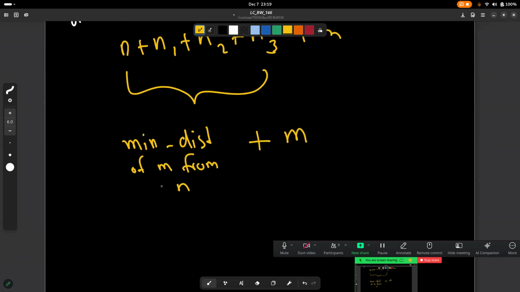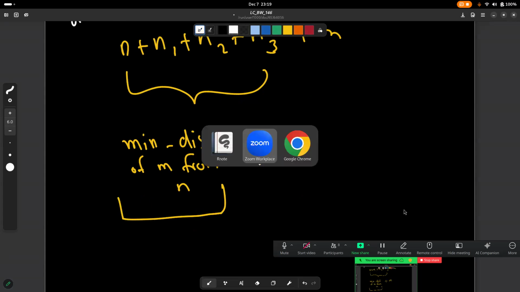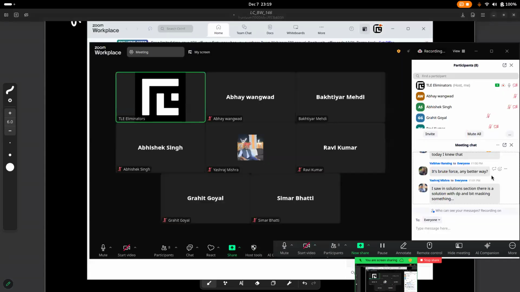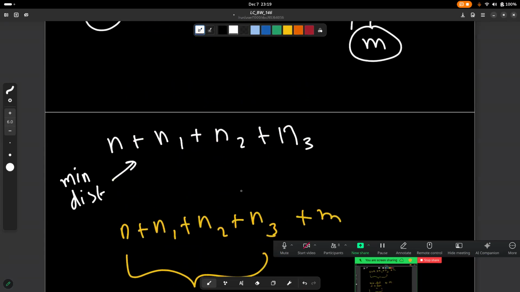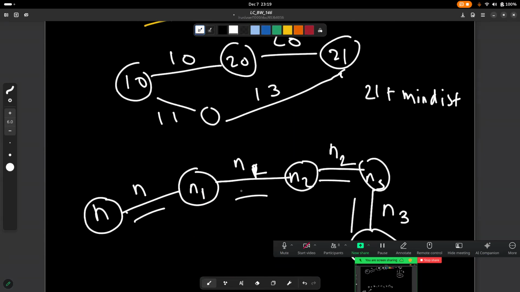So what I've done is changed my problem to calculating the minimum distance of m from n in my graph.